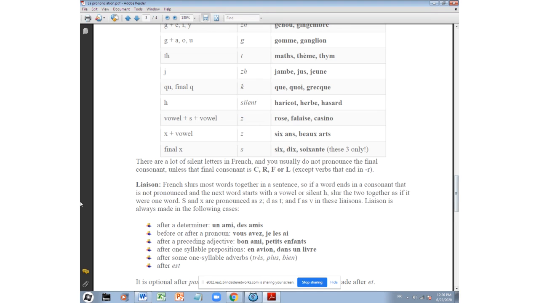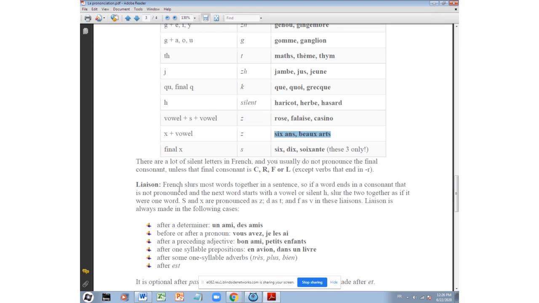Liaison. Now, liaison is slurring of words, joining of words, and we had seen that here. So liaison is where you have a word ending with a consonant, and then the next word begins with a vowel, then you slur that. We do that in French to make pronunciation easier, or to avoid what we call shock. So French slurs most words together in a sentence.